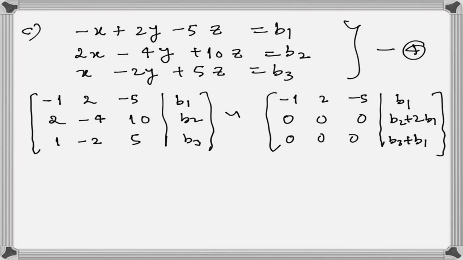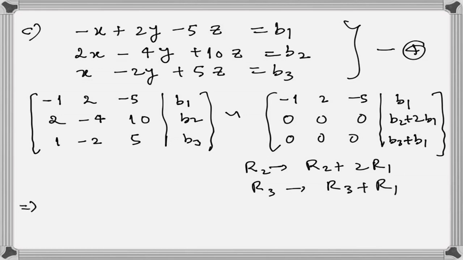So what is the row operation we used? We used r2 plus 2r1 and r3 is r3 plus r1. So here this implies the rank of A is 1.